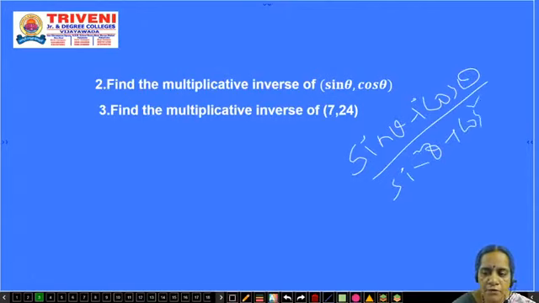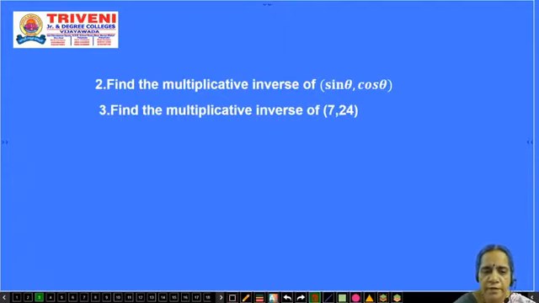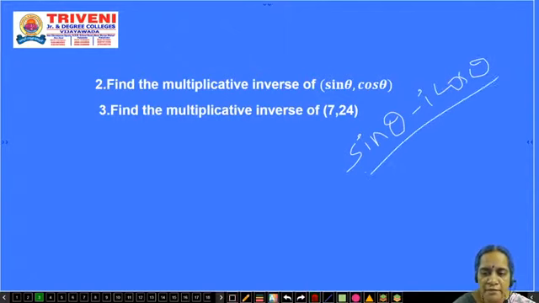All of you know that the value of sin square theta plus cos square theta is equal to 1. That's why the multiplicative inverse of (sin theta, cos theta) is sin theta minus i cos theta by 1. In the denominator 1 is there, so the value is sin theta minus i cos theta.